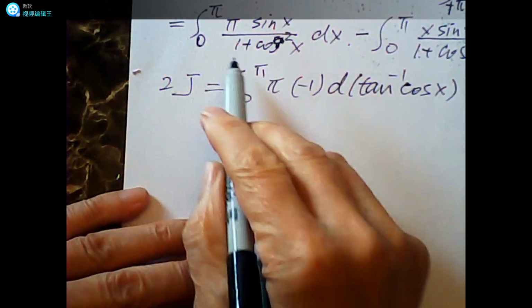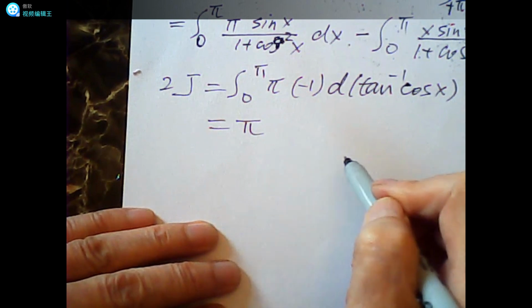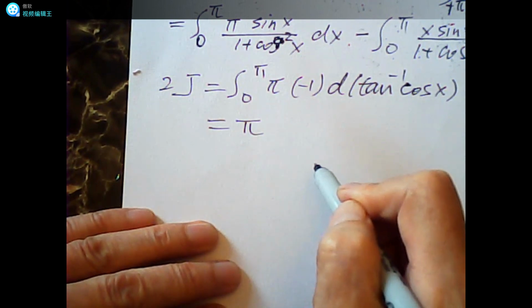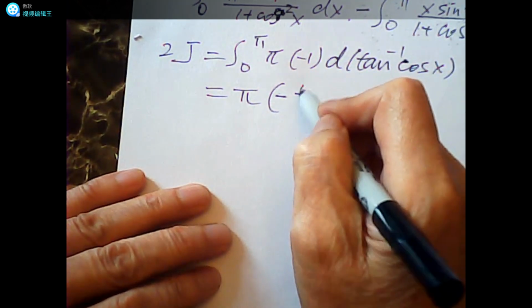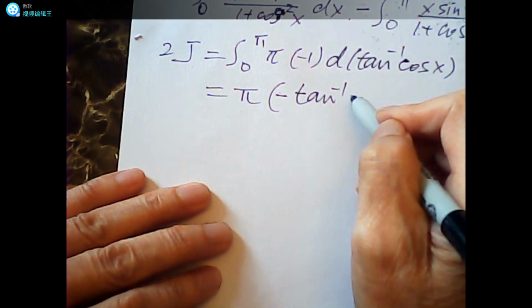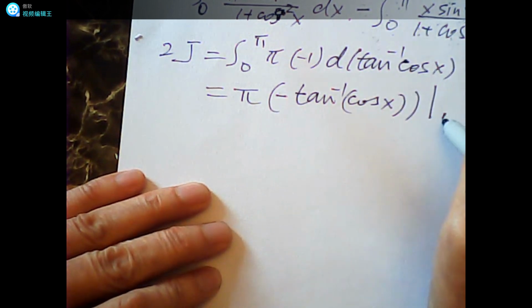Take pi out, so it becomes negative arctangent cosine x from 0 to pi.